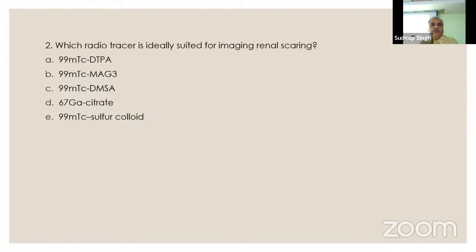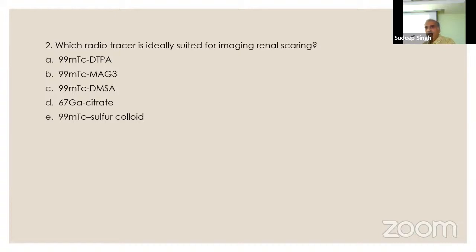Which radiotracer is ideally suited for imaging renal scarring? DTPA, MAG3, DMSA, citrate, sulfur colloid. So DMSA. We all know that there are three types of agents. One is excreted by glomerular filtration, the other by tubular secretion, and the third is cortical binding. DMSA is the cortical binding agent, which can give you anatomical imaging. So we can know the various scars and congenital anomalies by this DMSA scan.